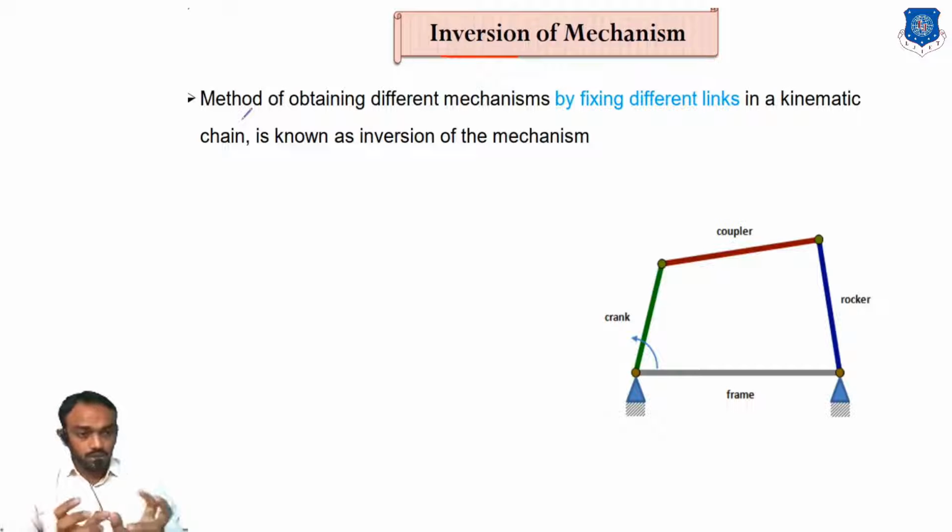In this particular figure you can see the frame is fixed, but if you want, the frame may be movable and the crank will be fixed. So we can fix different links and obtain different mechanisms. This method is known as inversion.